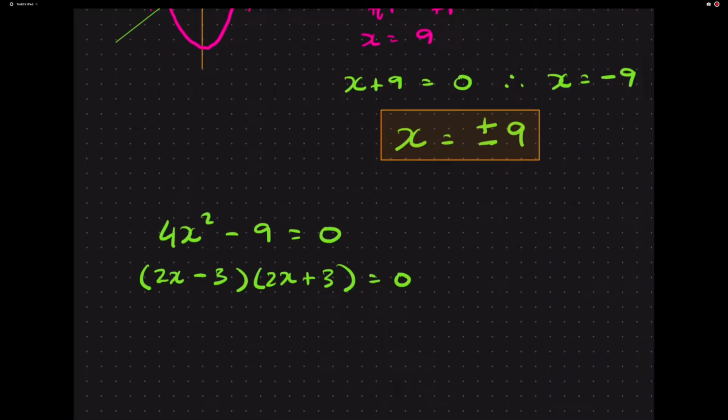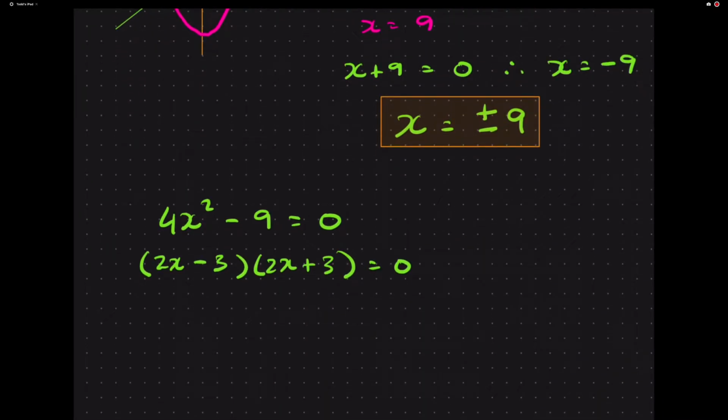Good. In this case, what's different from the last one is I've got this value of 2 in front of that x. But again, it's just basic algebra. If I take this and isolate it as 2x minus 3 equals 0, I'm going to add 3 to both sides, and we end up with 2x, these cancel, equals 3.